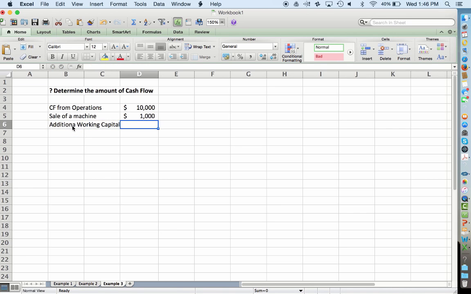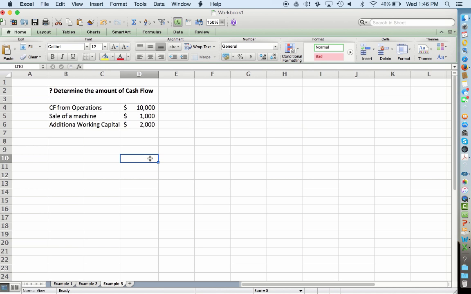We're going to build our new lemonade stand. We think it's going to generate $10,000 in cash flow. We're going to sell the old lemon juicer for $1,000. And then in order to get our lemonade stand business up and running, we have to buy inventory: lemons, bottled water, sugar, all that stuff to make lemonade.